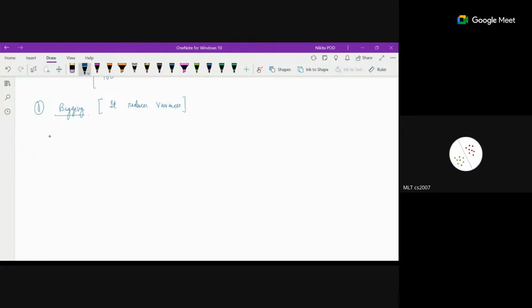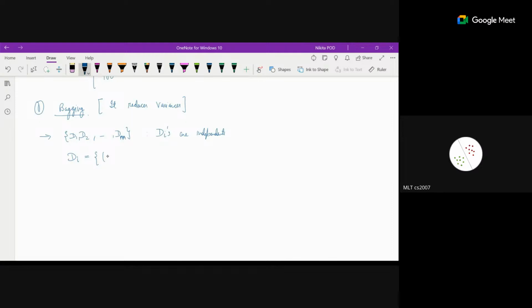Suppose you have the data sets D1, D2, and so on till DM. These data sets are independent. So what we're saying is the Di's are independent, and each of these Di's has n points.